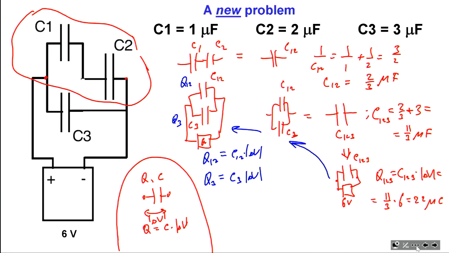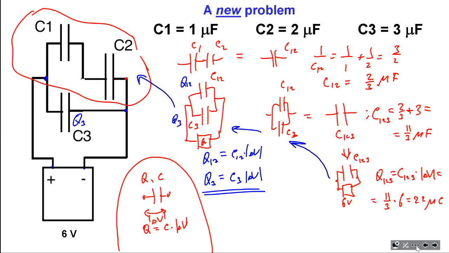So now we can calculate these charges, but if we go back from this situation to this situation, so the charge number 3 will be given by this expression, and actually we could have found it at the very first step, because the capacitor number 3 is directly connected to the battery.